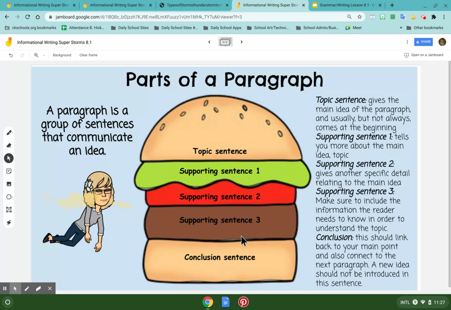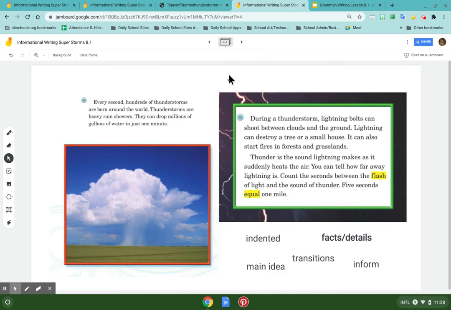If you got a hamburger in the store and it didn't have this juicy part in here, you would be like, hey, man, take it back. And then it has to have a conclusion, which wraps up your main point and maybe even leads on into another paragraph. All right. So that is the parts of an informational paragraph.